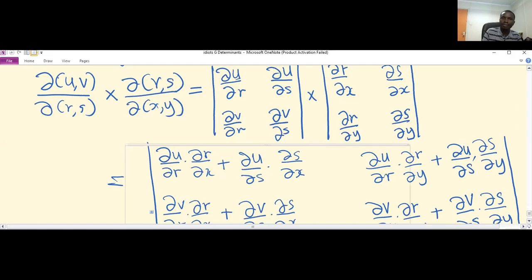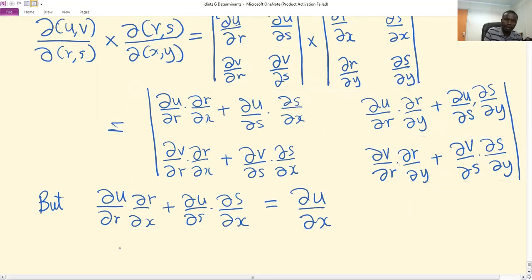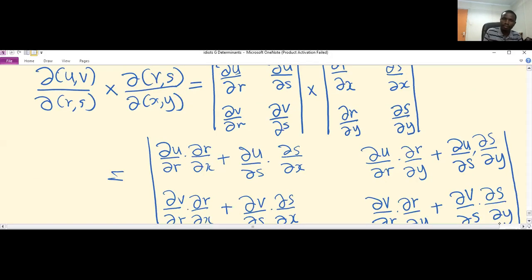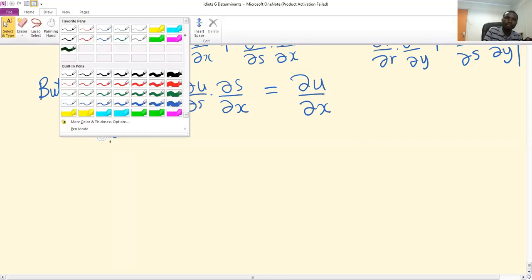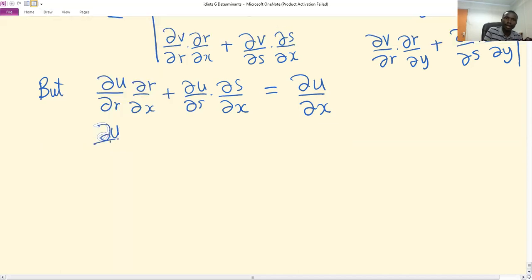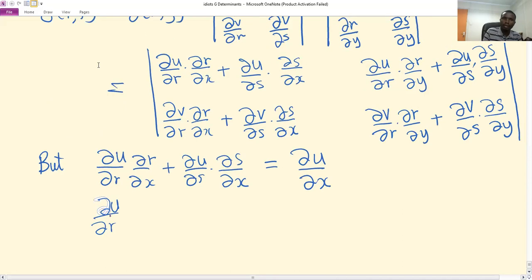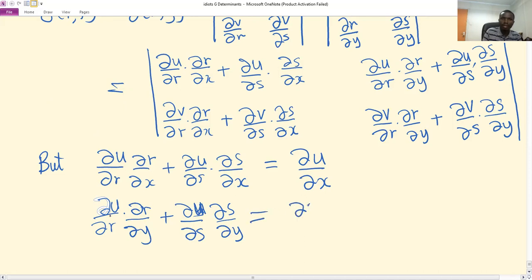Next, partial u partial r times partial r partial y plus partial u partial s times partial s partial y is, by the chain rule, the definition of partial u partial y.